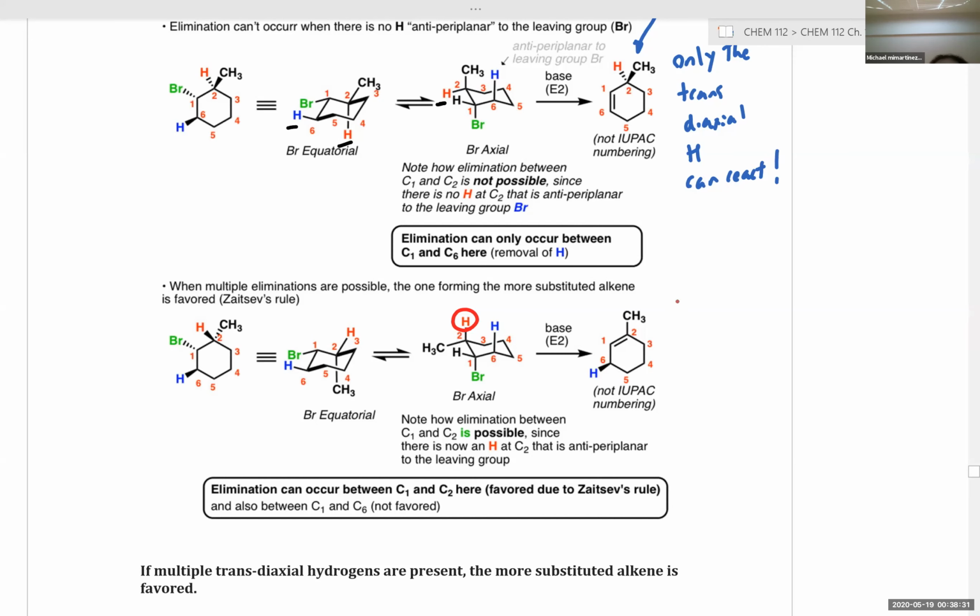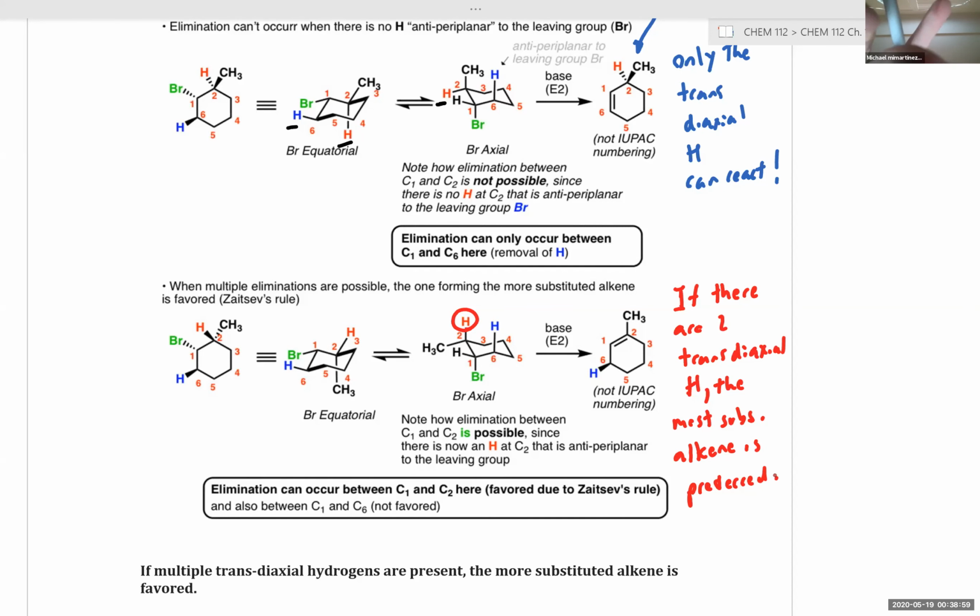So in this case, if there is a choice, if there are two trans-diaxial hydrogens, the most substituted alkene is preferred. Okay, so geometric constraints being equal, the more substituted alkene is preferred.